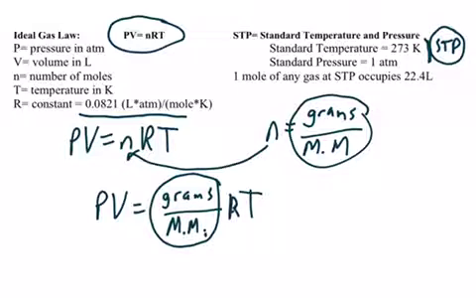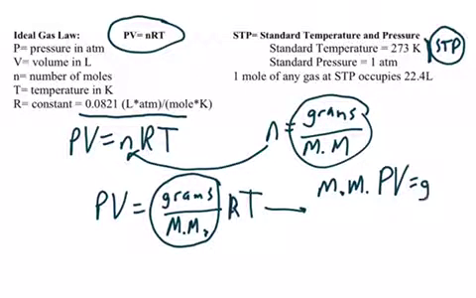Now I'm going to rearrange this and solve for molar mass. Watch this. If you're dividing by molar mass, you would be multiplying. So molar mass times pressure times volume, I'm making this linear, would be equal to grams times R times T, grams being the regular mass.